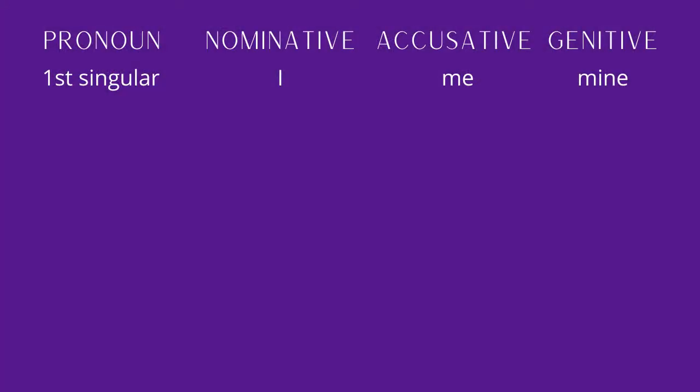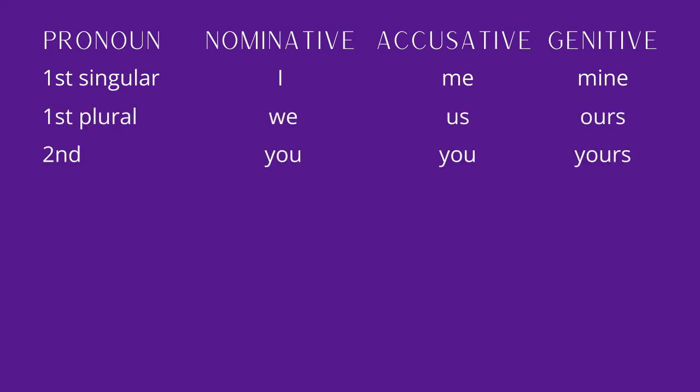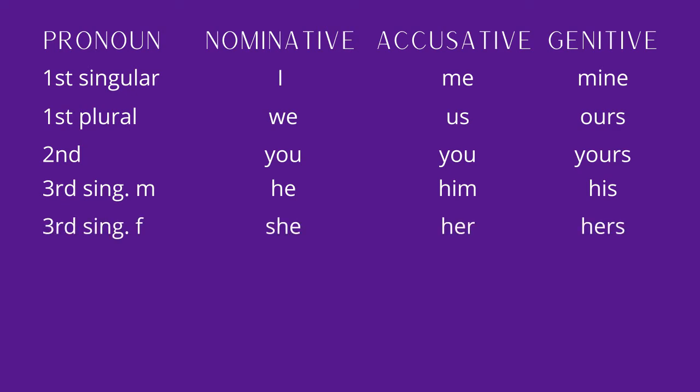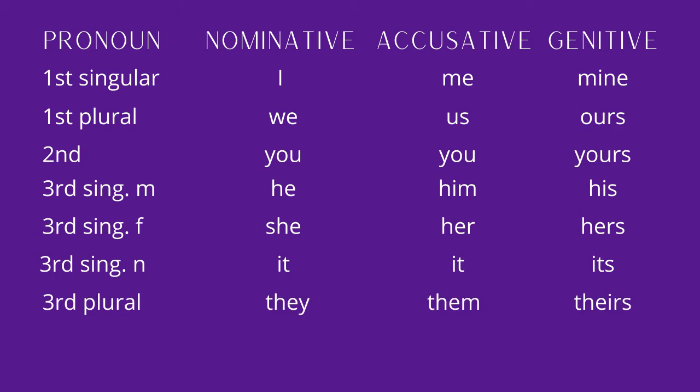So what do I mean when I say that English pronouns still have cases? Well, when you look at a table of pronouns, it's actually fairly easy to spot. I, me, mine. We, us, ours. You, yours. He, him, his. She, her, hers. It, its. They, them, theirs.